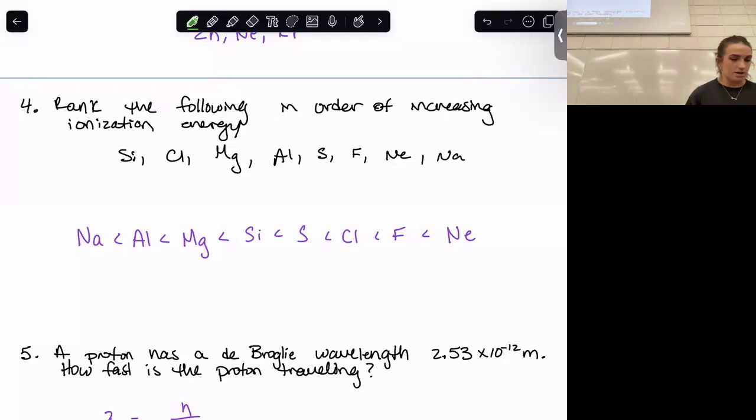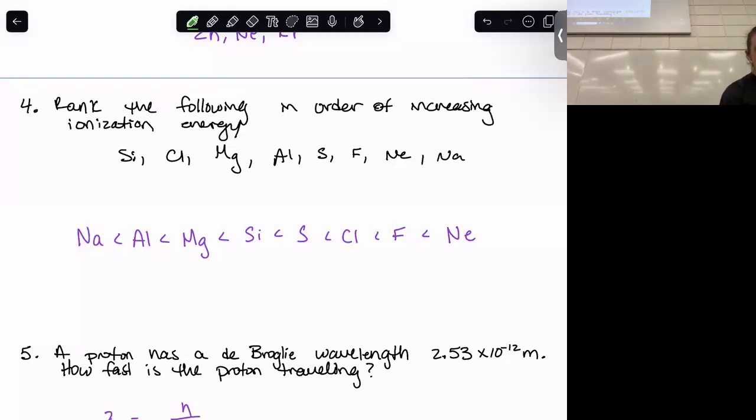So for question 4, we're ranking ionization energy here. What do we need to remember about ionization energy going across a period? It increases, but it also decreases a little bit, right? Once you fill an orbital, the next one is going to decrease in ionization energy a little bit.